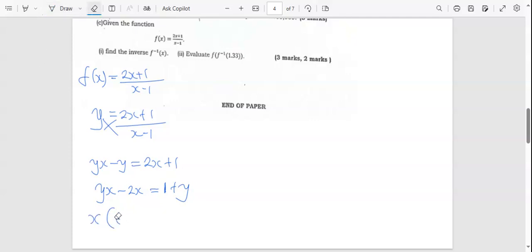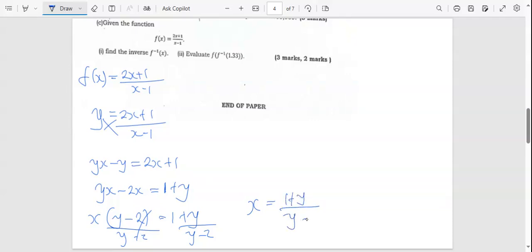So when you factor out x, it will give you y minus 2 equals 1 plus y. So you divide throughout by y minus 2. So in short, our x is now equal to 1 plus y over y minus 2.